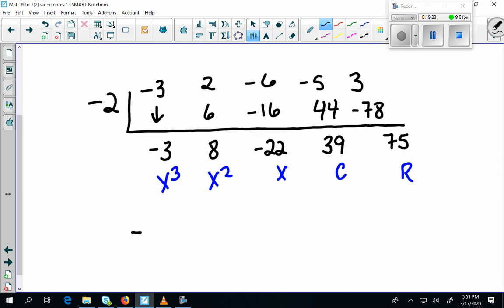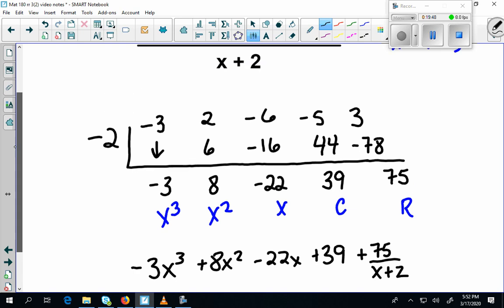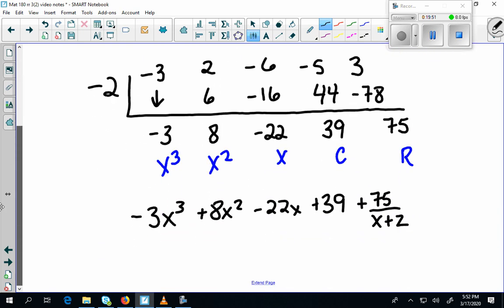So I get negative 3x to the third plus 8x squared minus 22x plus 39. Then I have this remainder. It's positive, so plus 75. My divisor was x plus 2. And I also should know the function now of negative 2. And it is 75.